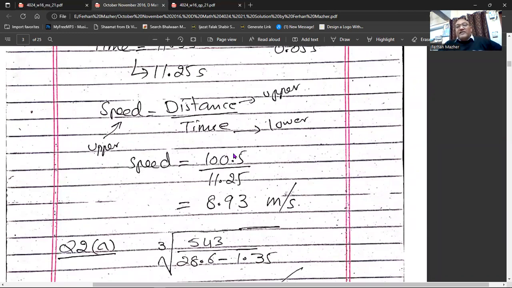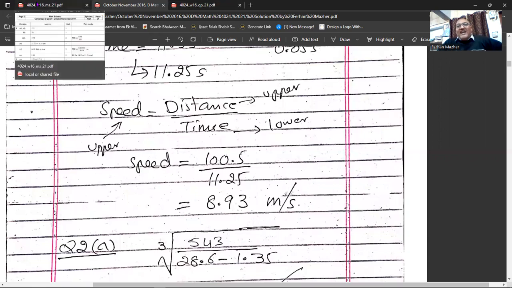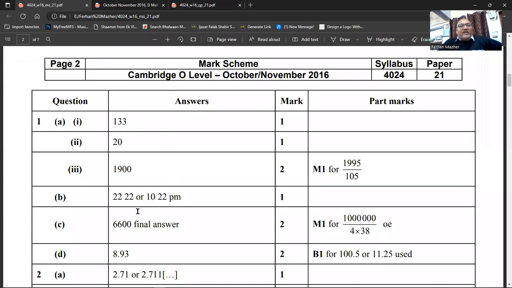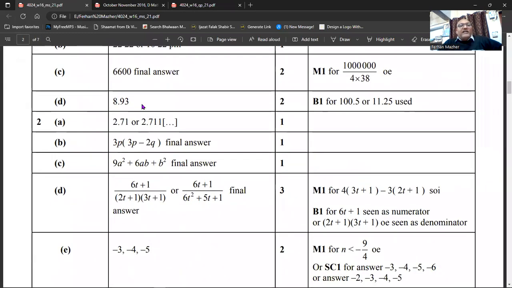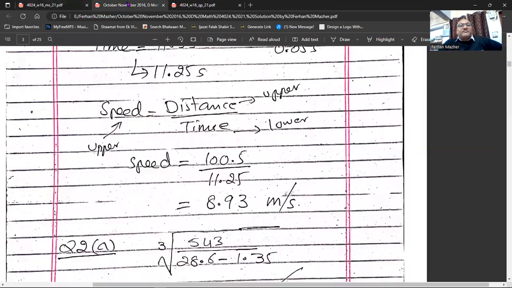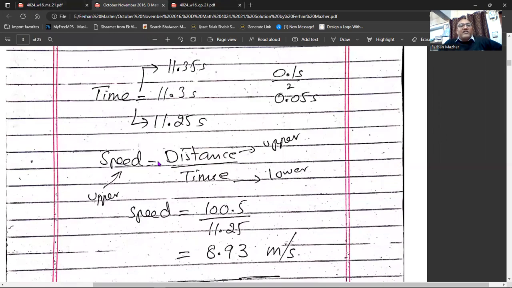So in your calculator, divide 100.5 with the 11.25, you get 8.93 meter per second. Sorry, I said 10 at first. 8.93 is the right answer. So our answer is right.